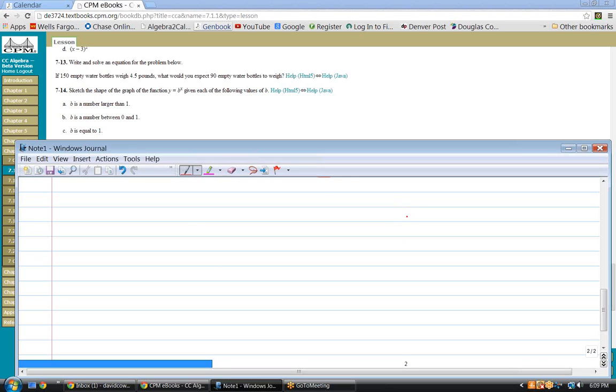If b is larger than 1, say b is 2, any number that's greater than 1, as you start increasing x, it gets bigger, right? In other words, if x is 2, this becomes 4. If x is 3, this becomes 8.